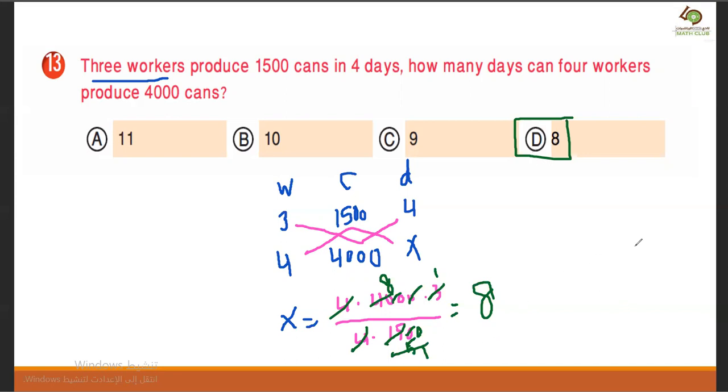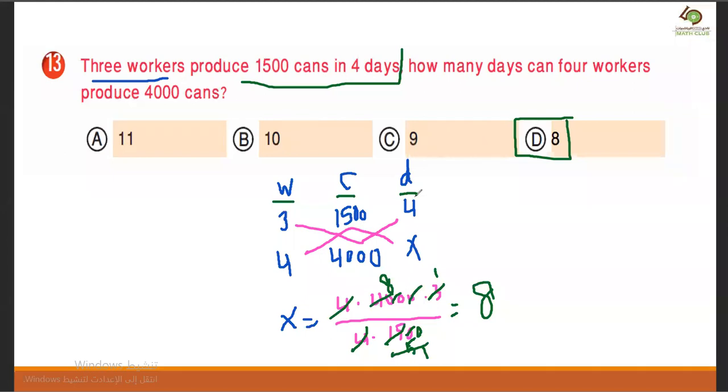Okay. Zahra, I repeated it fast. Here I have 3 workers. You write here workers, cans, days. I have 3 workers, 1,500 in 4 days. This is the first equation, or the first 3 quantities. How many days?